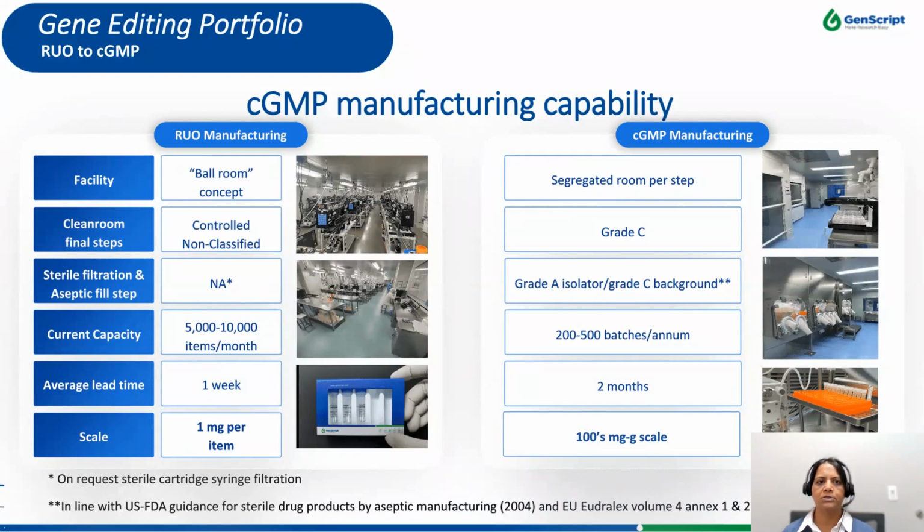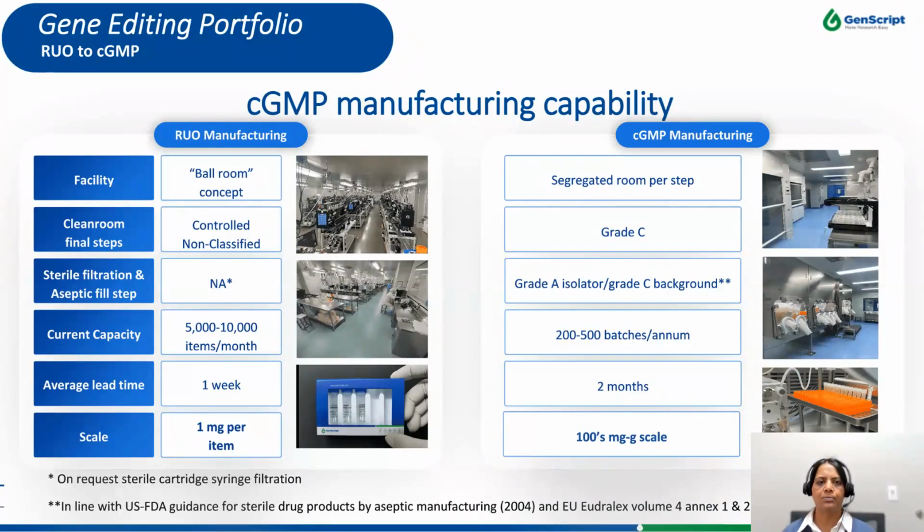In contrast, cGMP manufacturing requires each step to occur in a segregated room to maintain strict regulatory standards. For instance, if purification is conducted in a clean room, it takes place in a designated area, while GMP product requires sterile conditions. Therefore, the grade A isolator in the GMP environment is specifically designed for the aseptic finishing process.